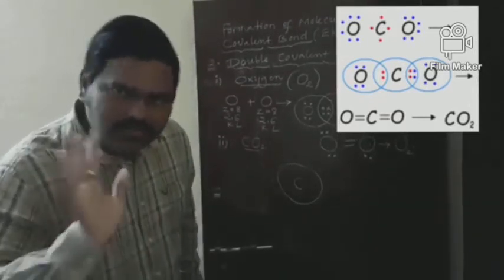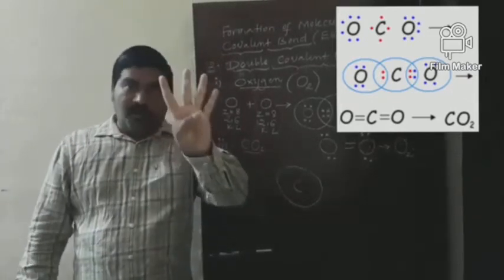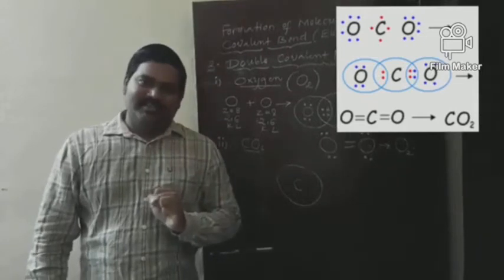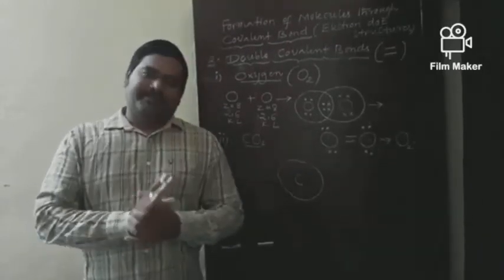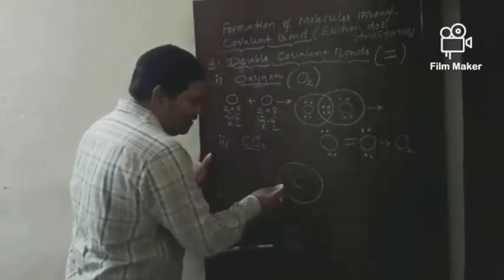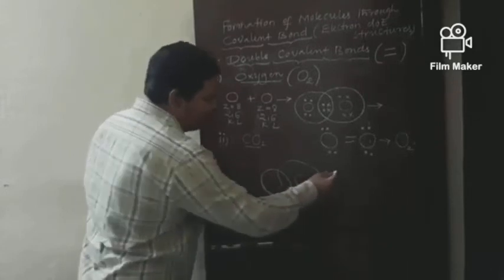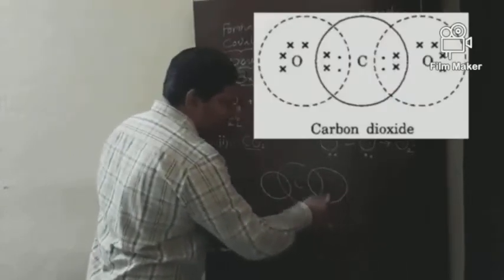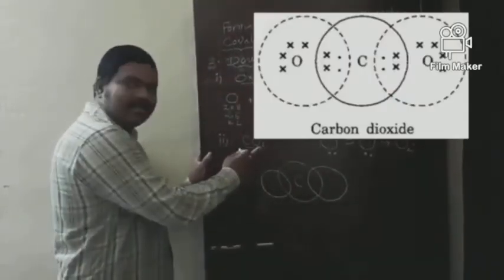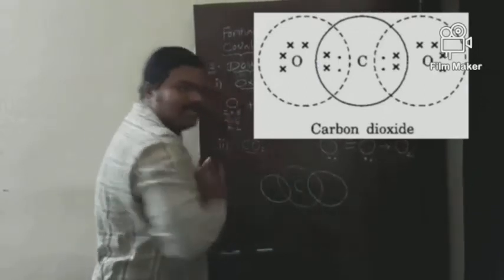Electronic configuration is 2, 4. So this carbon still requires 4 more electrons to attain stability. For that purpose, this carbon wants to bond with adjacent oxygen atoms, because 2 oxygen atoms are there, 1 oxygen from this side, 1 oxygen from that side.